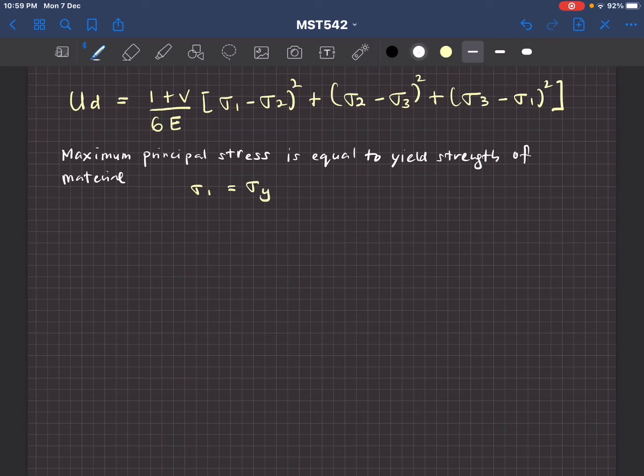And the two other principal stresses are 0. So we can calculate the distortion energy at yielding in a tensile test by plugging in the appropriate principal stress values.